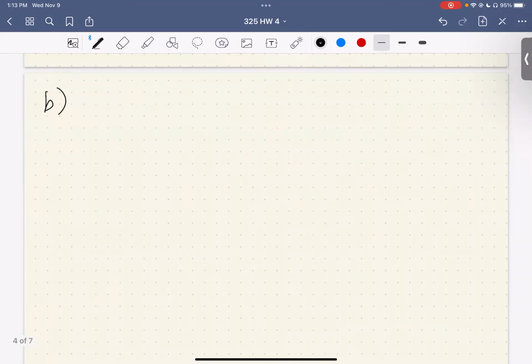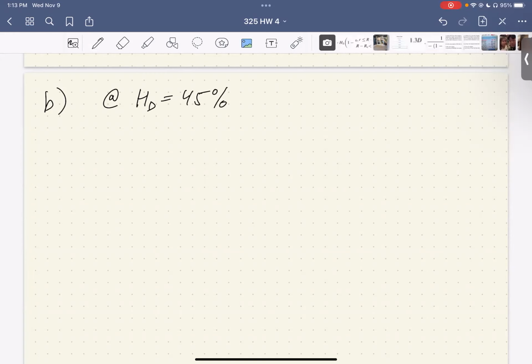Well, the great thing is also in the pre-lecture notes, there is a relationship to find the actual viscosity. And actually it's specific for the 45% at HD equals 45. So this specific equation that I'm going to put on the screen right now is related directly to when HD is 45%.